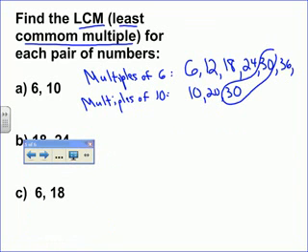Okay. Now, Gabe had mentioned before, the least common multiple is useful when I'm adding 2 fractions. Say I want to add up 5/6 and 9/10. The smallest multiple that 6 and 10 have in common is 30.